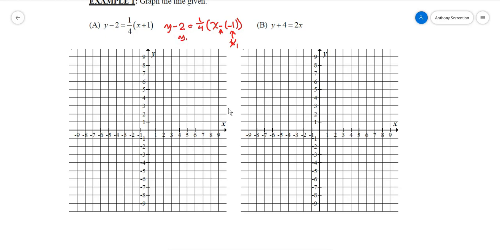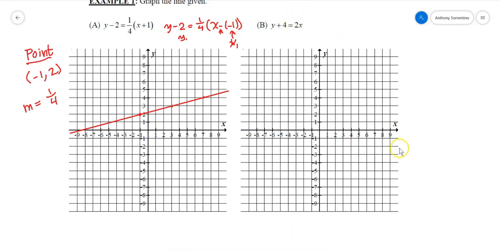So basically, the point that this line passes through, that this particular equation is giving us, is negative 1, 2, and it's telling us that the slope is a positive 1/4. So I'm going to plot a point at negative 1, 2, and I'm going to go up 1, right 4, up 1, right 4. So there is the line for the equation y minus 2 equals 1/4 x plus 1.